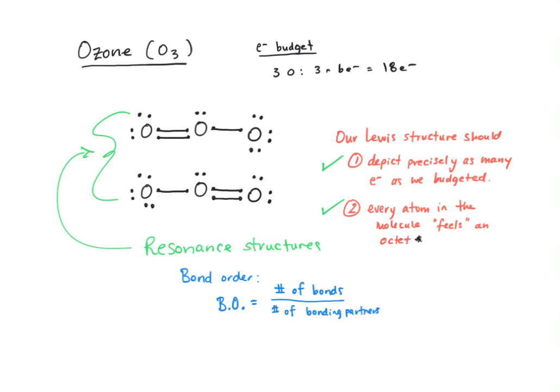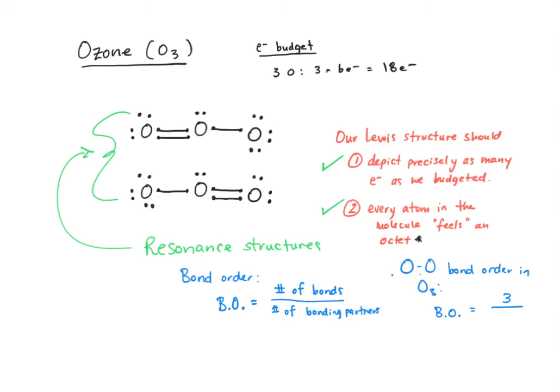For example, in ozone, we refer to the oxygen-oxygen bond order. The total number of bonds between oxygen atoms in ozone is, in either Lewis structure, 1, 2, 3 total bonds. The bond order is calculated by dividing 3, the total number of bonds, by the number of bonding partners. In other words, how many pairs of oxygen-oxygen are shown in any given Lewis structure.